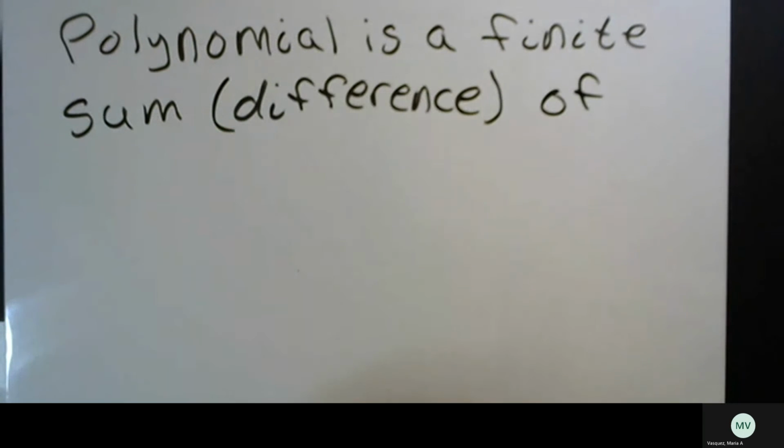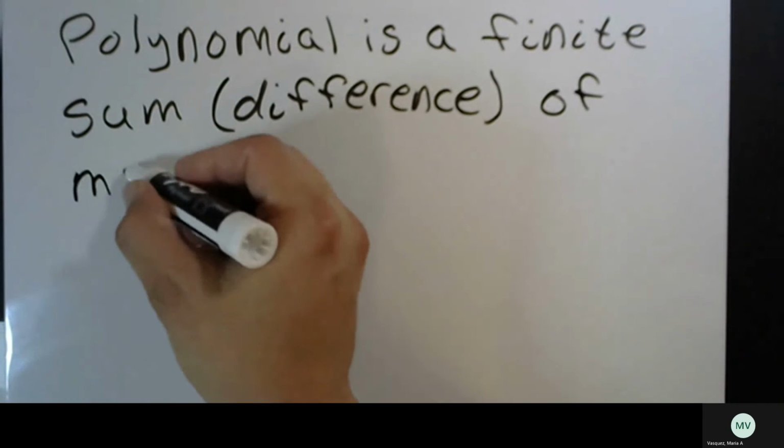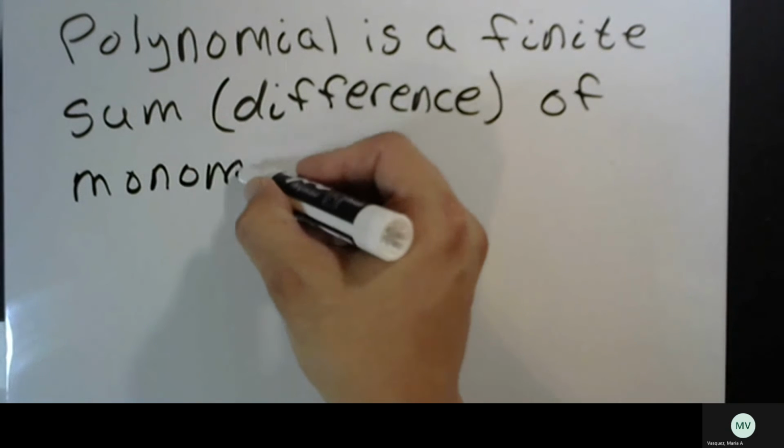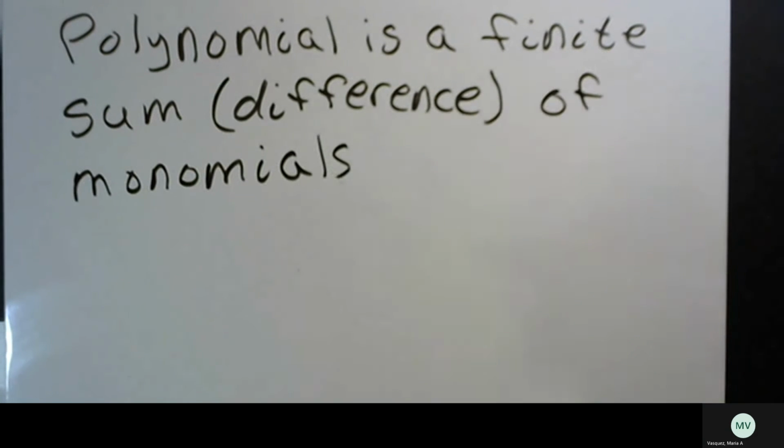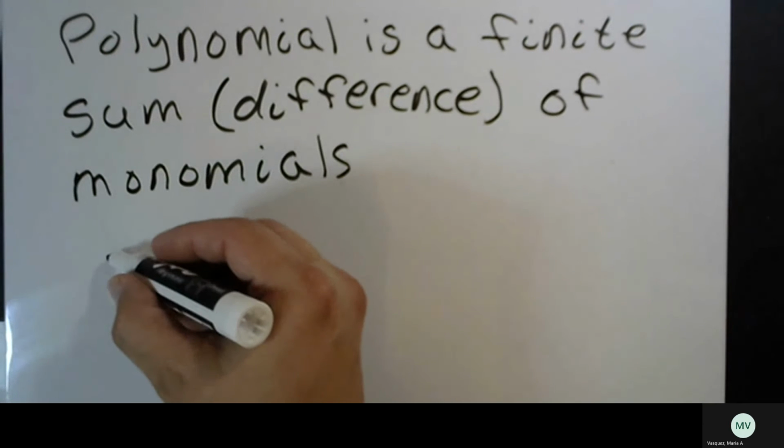But it's a finite sum or difference of monomials. And monomials are these little, like 3x squared is a monomial. So an example that we could have is something like this.